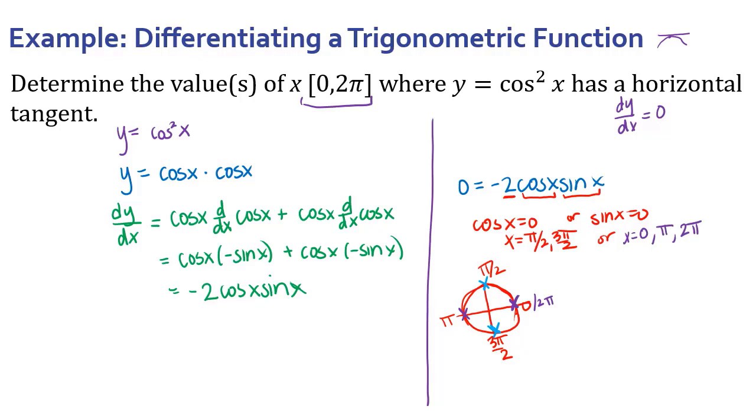So our answer is that this function has a horizontal tangent at x equals pi over 2, 3 pi over 2, 0, pi, and 2 pi on that interval.